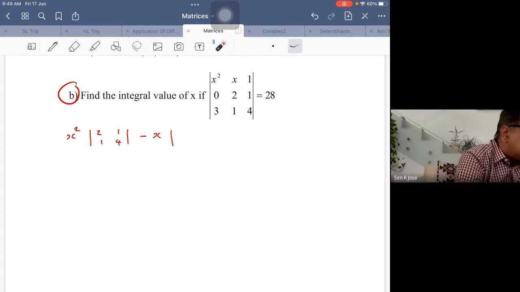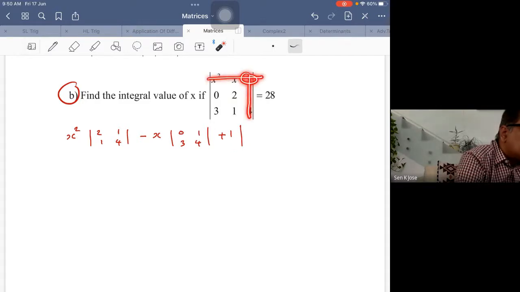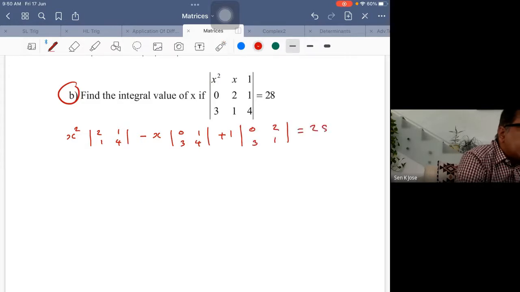Delete the row and the column it belongs to: 0, 1, 3, 4. Plus 1 into its minor. Delete the row and the column it belongs to, so you get 0, 2, 3, 1, is equal to 28.